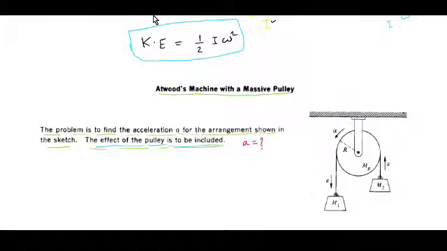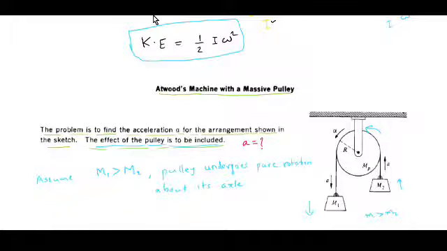Now let us start the problem. If m1 is going down and m2 is going up, then the mass m1 is larger than m2. Therefore, to solve this problem, first assume that m1 is greater than m2. Then the pulley undergoes a pure rotation about its axle, and the rotation of the pulley is anti-clockwise.